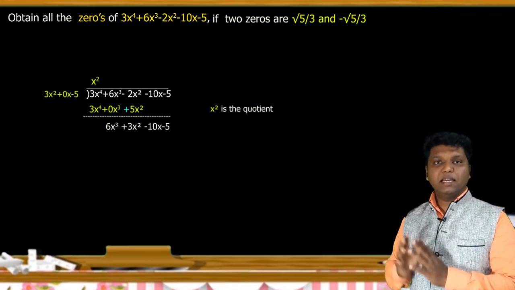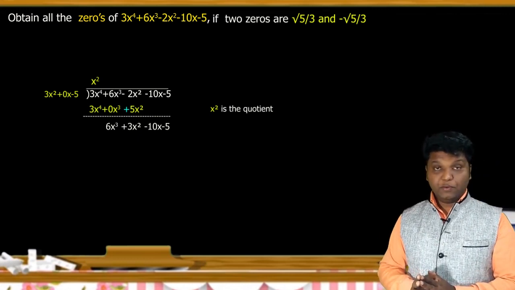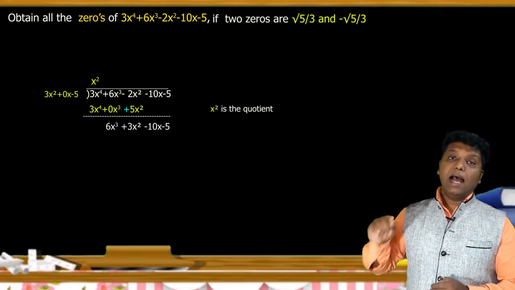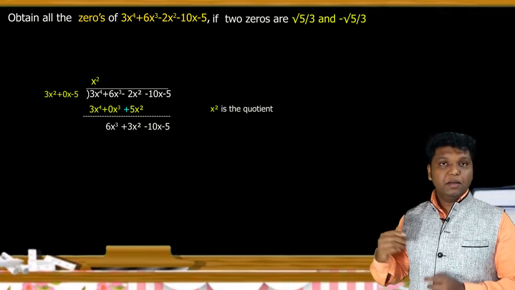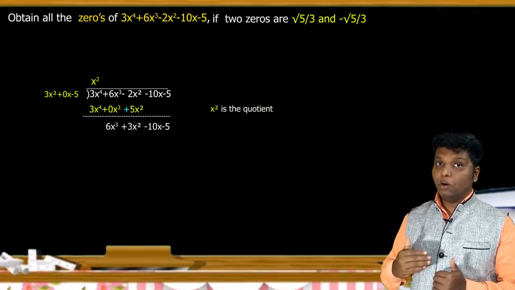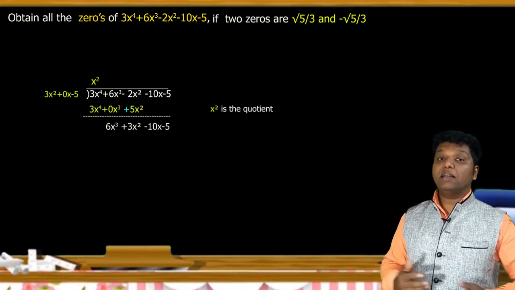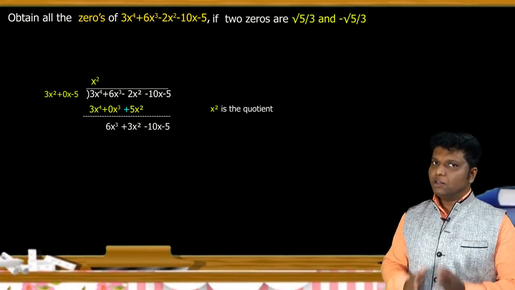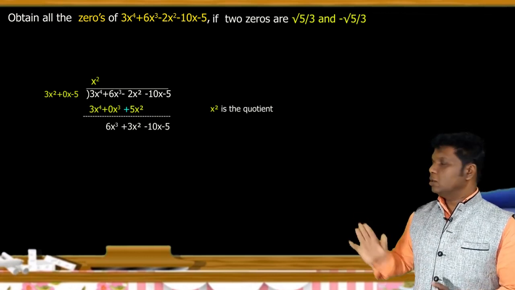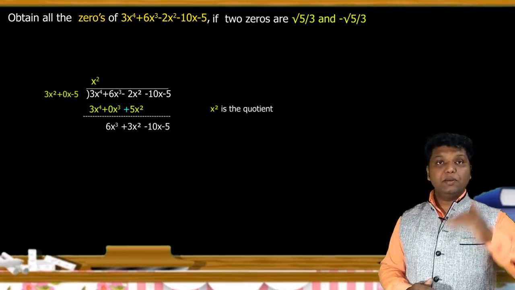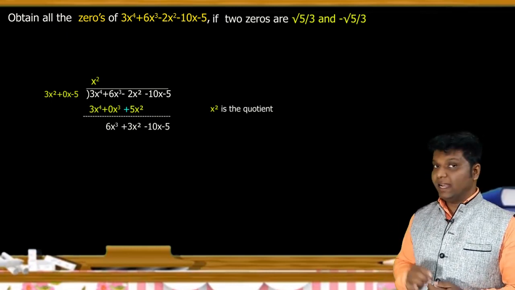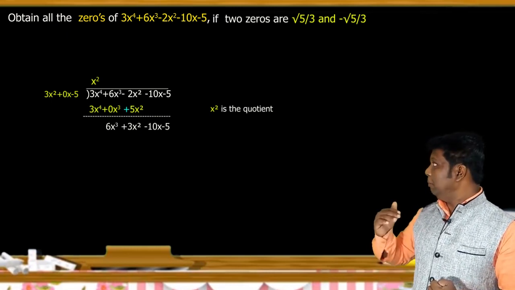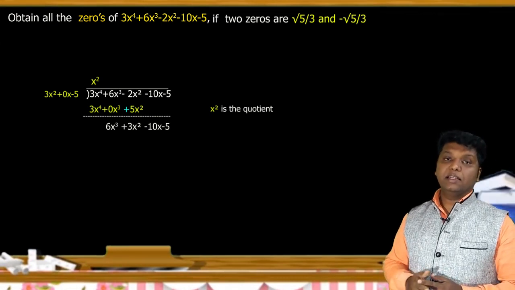You first find the difference between the numbers and put the sign of the bigger number. Here which is the bigger number, 2 or 5? 5 is the bigger number. What is the sign of 5? It is plus, so we will write plus. Now what is the difference between 2 and 5? It is 3. So we will write plus 3x squared. Is that clear? Next, minus 10x, bring it down. So there it is, minus 10x.